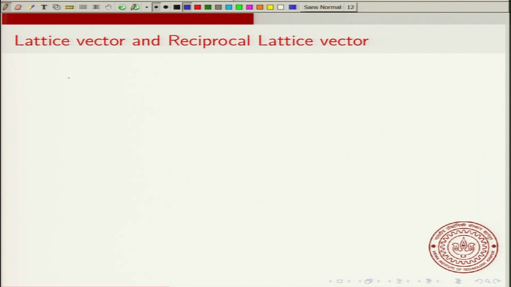So if we have a lattice, and we take some arbitrary vector r from one lattice point to another, we can write it as n1 a plus n2 b.